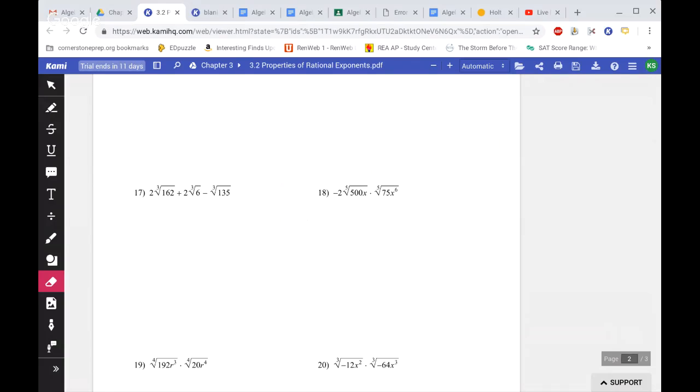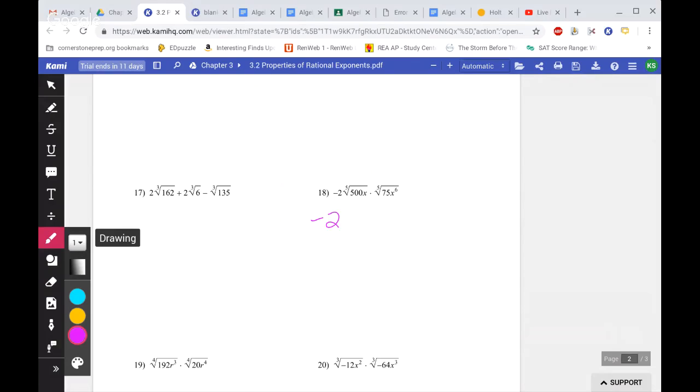What you need to do on these is break them down into their factors first, because it would be easier to work with factors of 570 and 75. So basically you're going to have this.